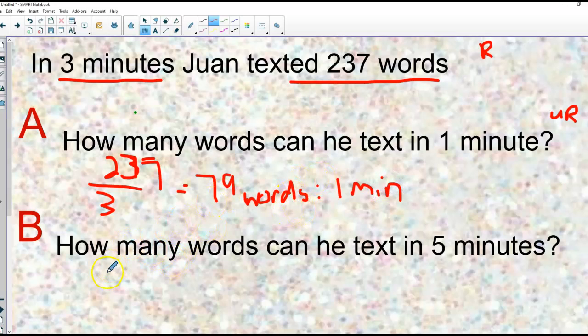Okay, so we're just going to take the 79 and multiply by 5. We want to know if that's what happens in 1, what would he do in 5 minutes? So 79 times 5 in your calculator, you would see that he can do 395 words, right, in 5 minutes.